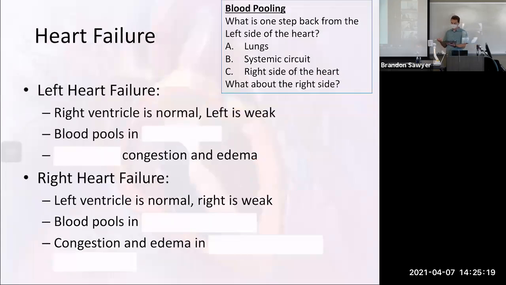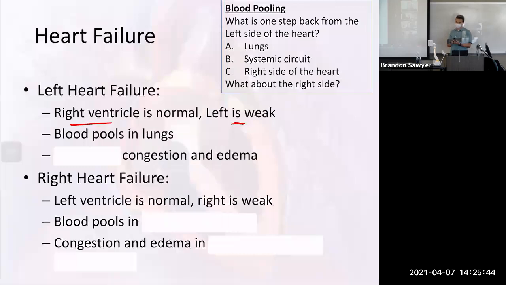Okay, and then lastly, just one thing to understand about heart failure is it always leads to blood pooling somewhere, okay? So if you have left-sided heart failure, then the right ventricle is actually normal, but the left is weak. And so what you want to think about is the blood pools actually one step backwards from the weak part, okay?